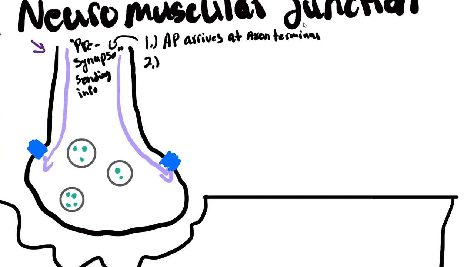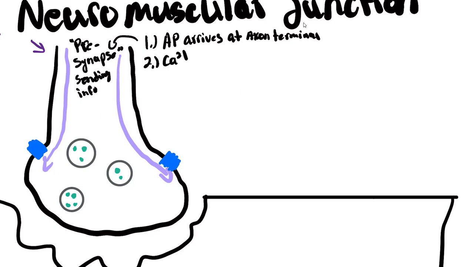So step 2 is that when the action potential goes down to the axon terminal, it opens up these calcium channels.